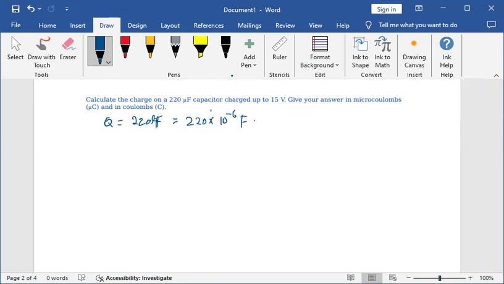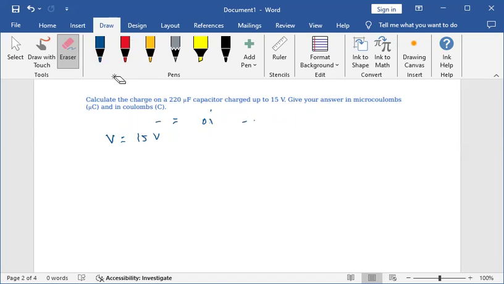And the potential difference is 15 volts. Calculate the charge on a 220 microfarad capacitor charged up to 15 volts. Give your answer in microcoulombs.